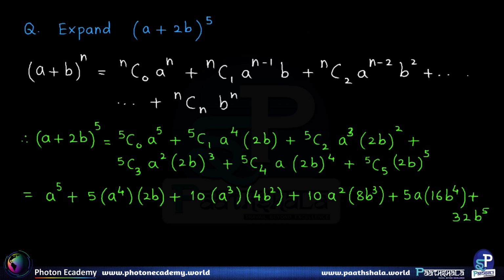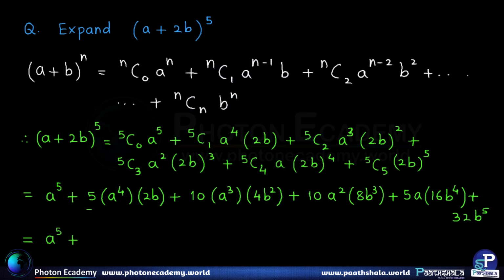And now we can write the final expression by writing the simpler terms by multiplication of individual terms. The second term becomes 5 into 2, 10 a raised to 4 into b.